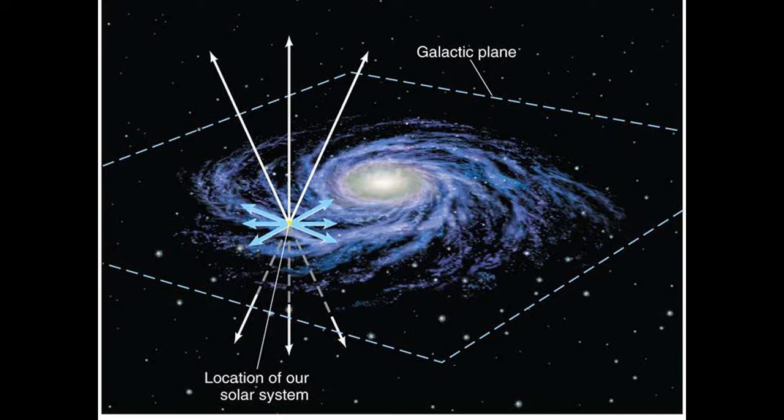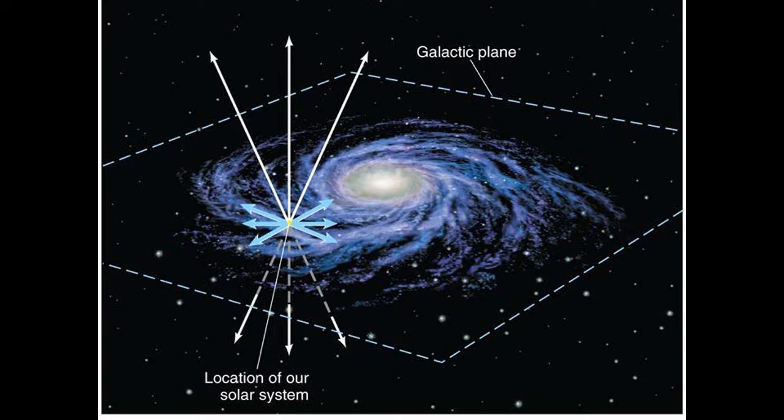If you look up or down in this drawing, you are looking away from the plane of the galaxy, so there are very few stars in that direction. However, if you look in the direction of the little blue arrows, then you're looking within the plane of the galaxy, and you'll see lots of stars, because the Milky Way is composed of 100 to 200 billion stars.